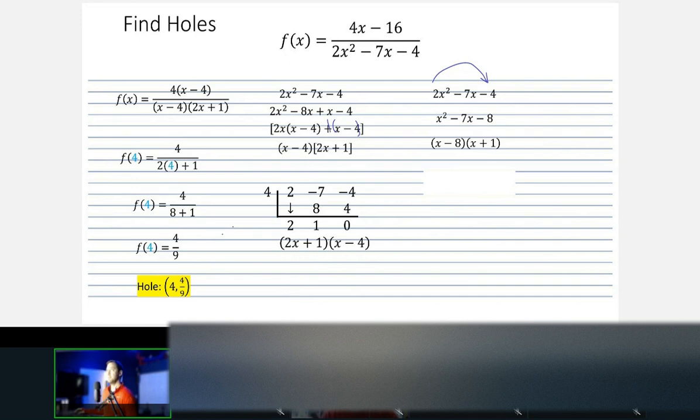Remember, monkey method, so we still have to swing around. This 2 is now going to swing underneath the negative 8, and it's also going to swing underneath the 1.